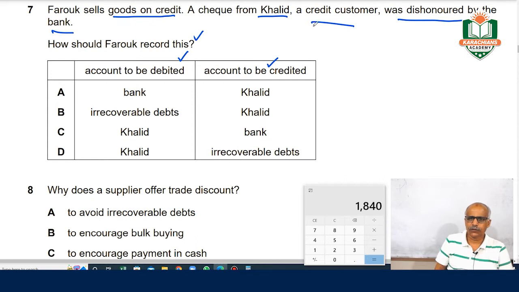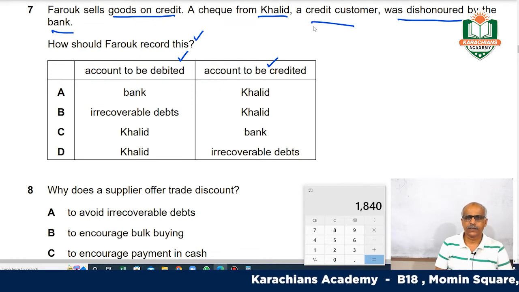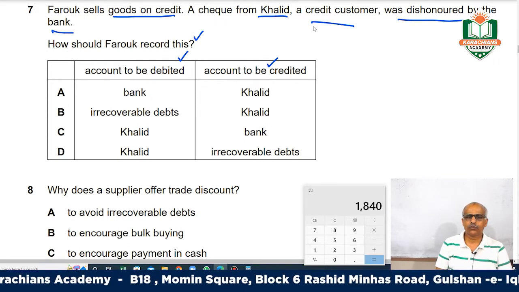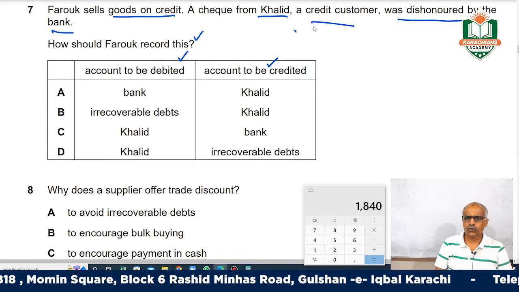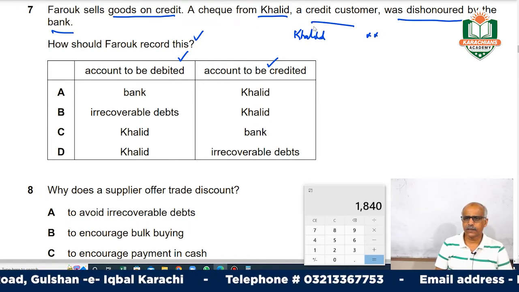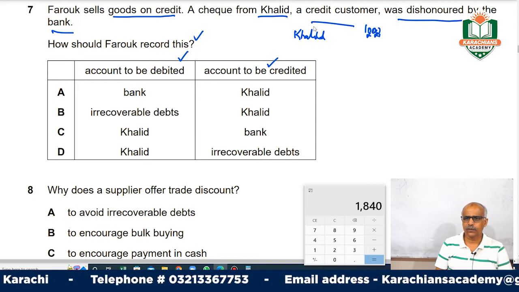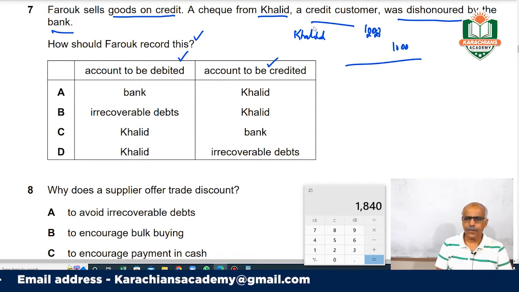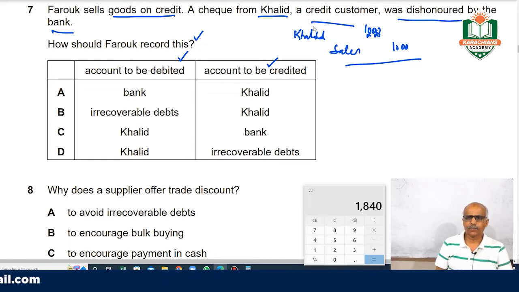So just very quickly, when we make the credit sales, what entry is made? When Farooq sold to Khalid, he debited Khalid with 1000, and credited his sales with 1000.